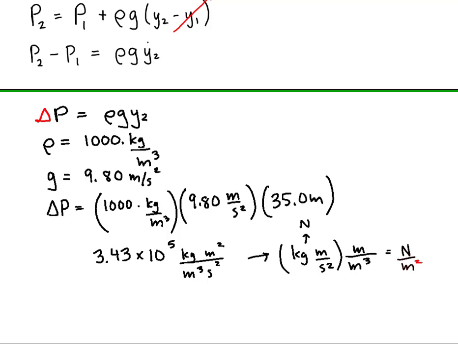Remember, a Newton per meter squared is a Pascal. So we could say that our answer is 3.43 times 10 to the 5th pascals. This is the pressure increase at 35 meters below the surface of this freshwater lake.